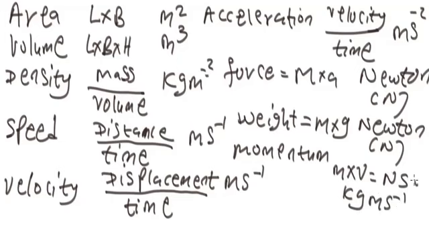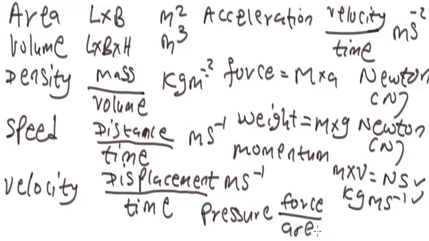So any of these can serve as the units of momentum. Alright, we also have our pressure. Pressure is calculated using force over area, and the unit of pressure is Pascal. Alright, so you can also have other units, but the common unit is Pascal.